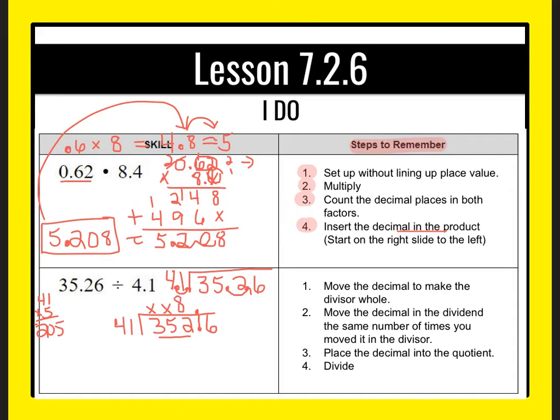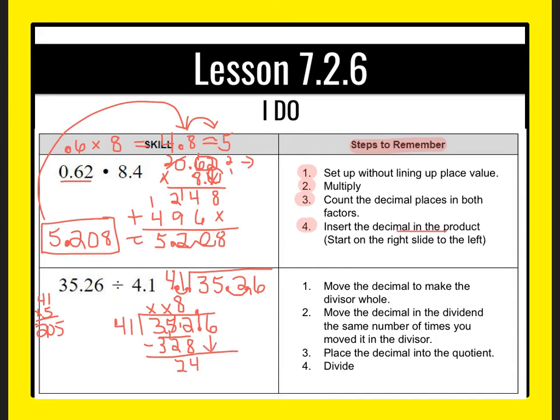So 41 times 8 is 328. But notice how I used my 5. And if I subtract this, I'm going to get 24.